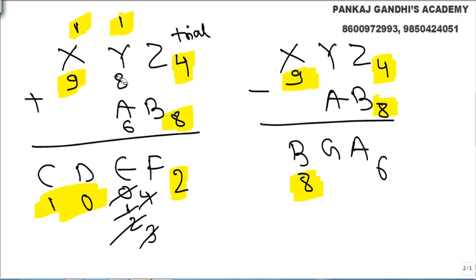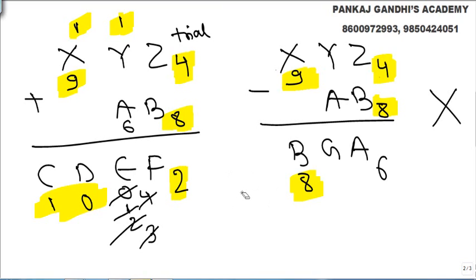We try 8. No, B is already 8. Y cannot be 8. We try 9. Obviously this is already taken. So we have tried all the possible things with Z as 4 and it did not work out.